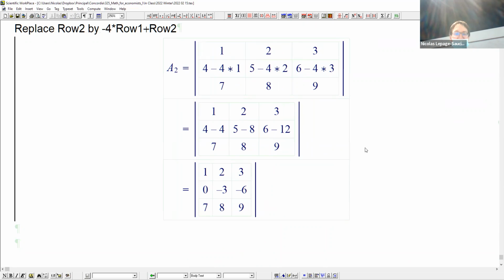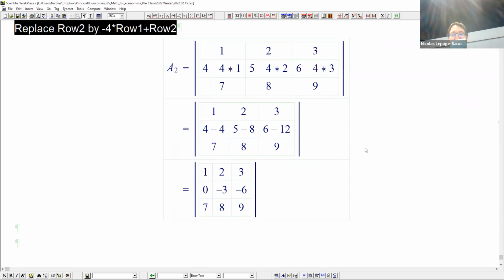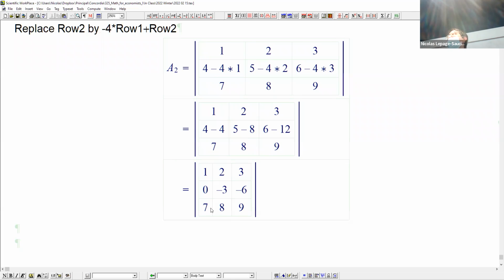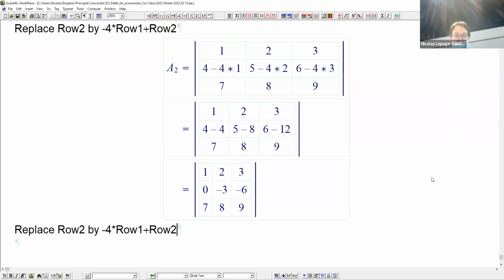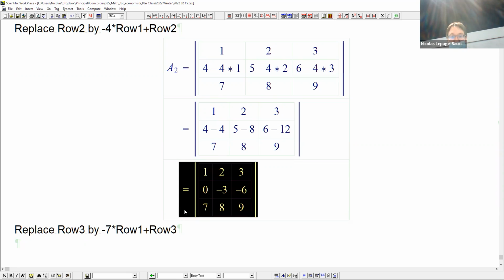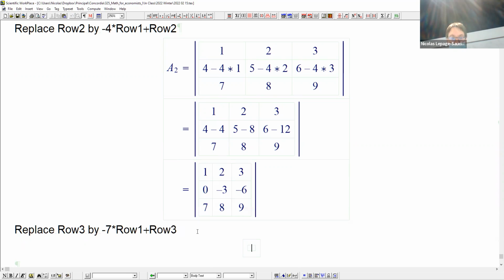That's good. So any idea for the 7? Yes, good, thank you. So replace row 3 by -7 times row 1 plus row 3. So here I'm going to call the new matrix A3.